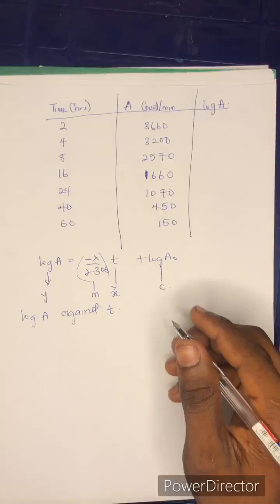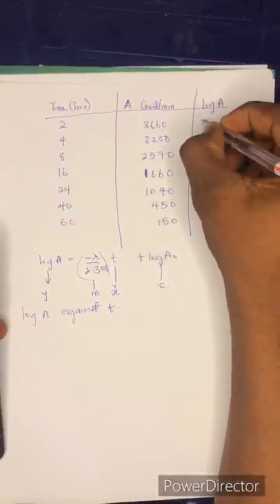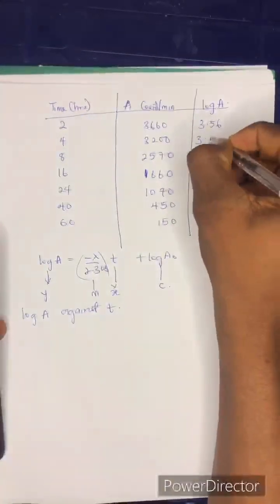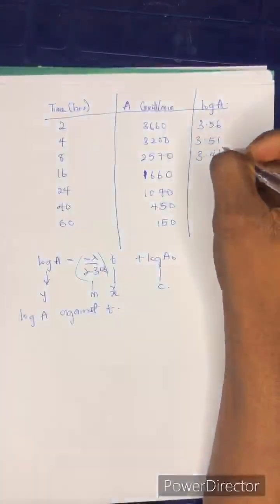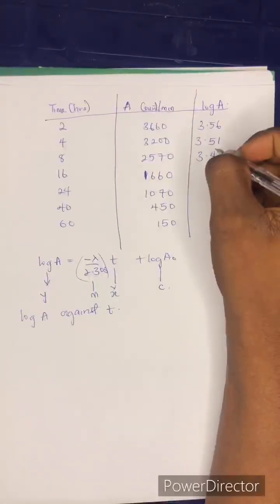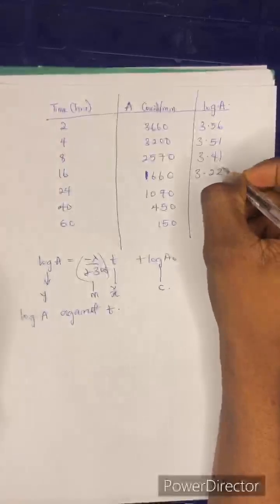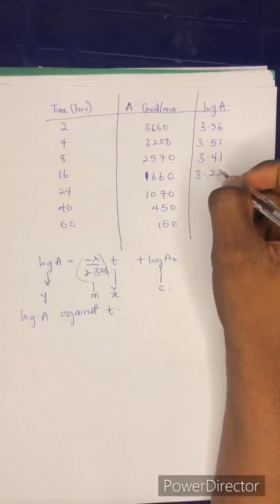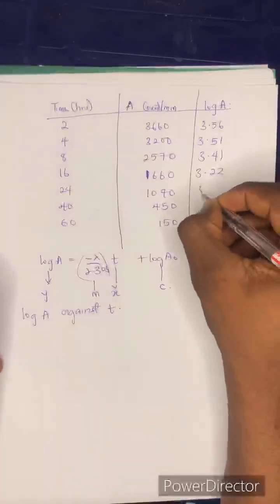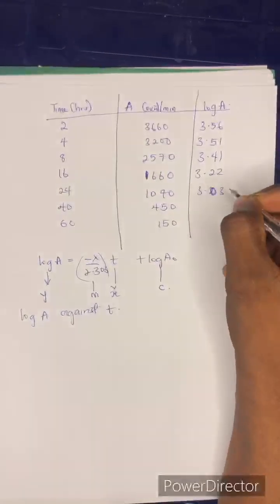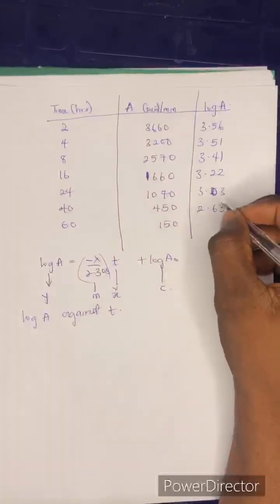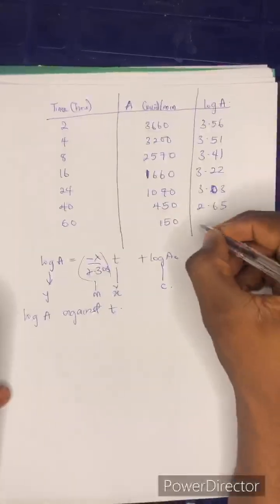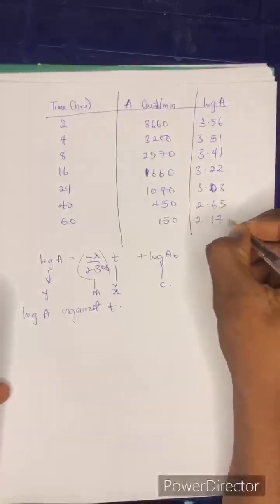So let's quickly take the logarithm of all what we have there. So we take log 3660, which should give us 3.56, 3.51, 3.41, 3.22, 3.03, 2.65, 2.17.